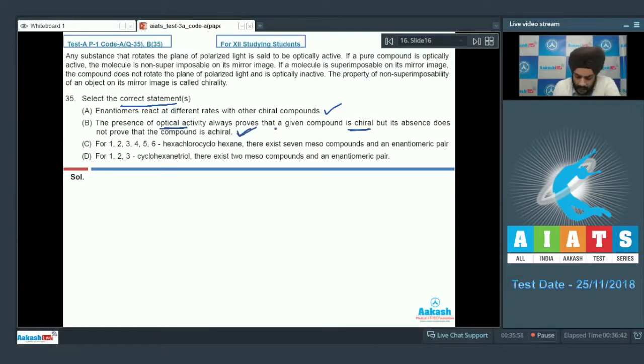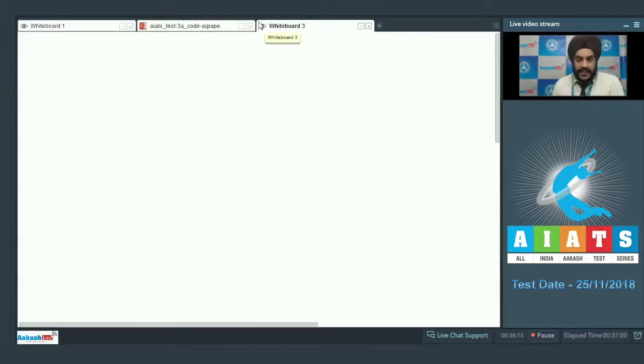Let us look at option C now. For 1, 2, 3, 4, 5, 6 hexachlorocyclohexane, there exist 7 meso compounds and an enantiomeric pair. Students, let's try and draw the stereoisomers of 1, 2, 3, 4, 5, 6 hexachlorocyclohexane.